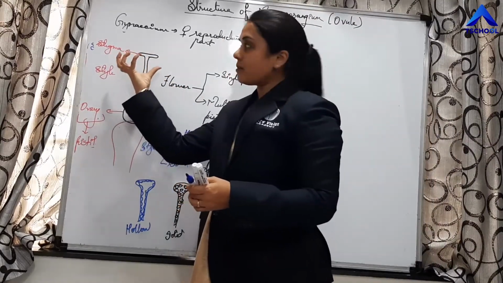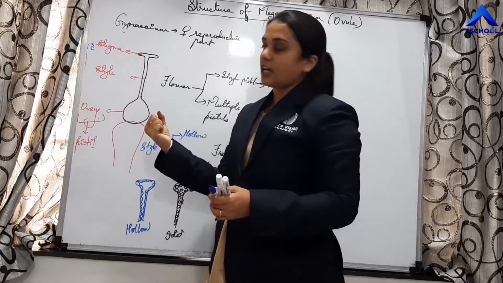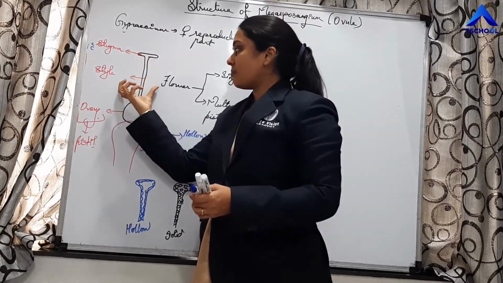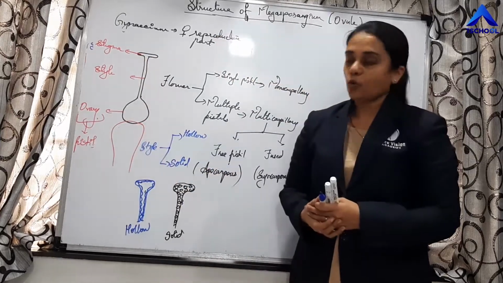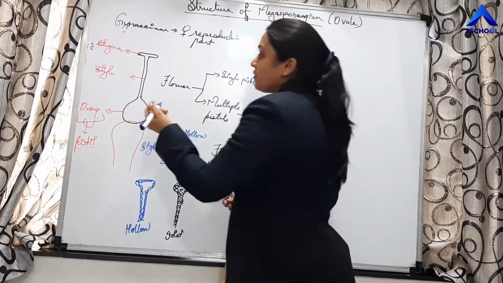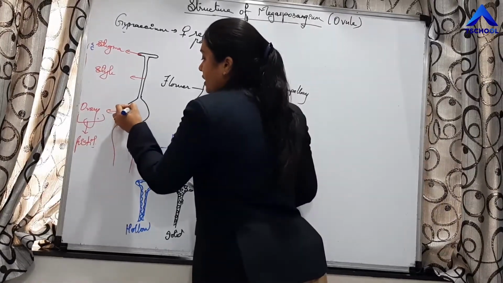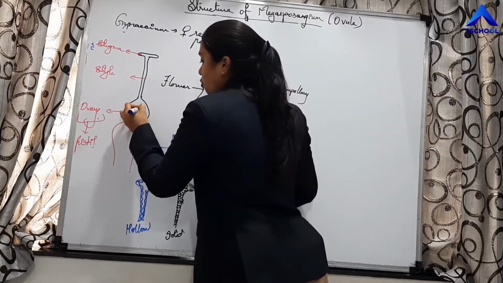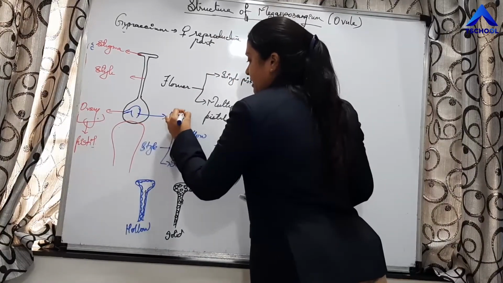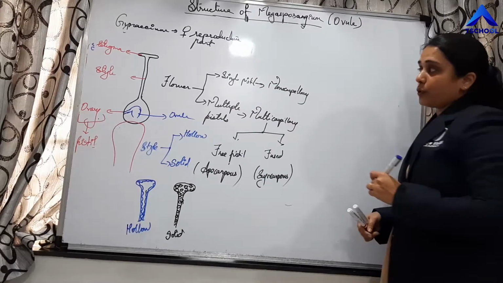So the pistil is a part of the female reproductive system. It consists of three major parts, that is stigma, style and ovary. What is present within the ovary? Within the ovary there will be the presence of the ovule. Say this is the ovule, right?